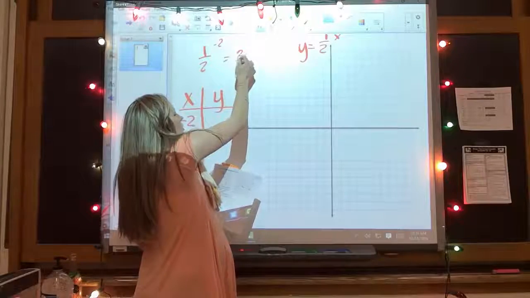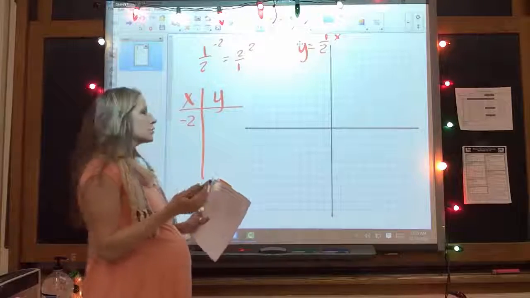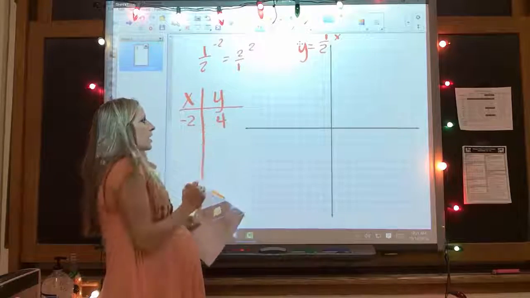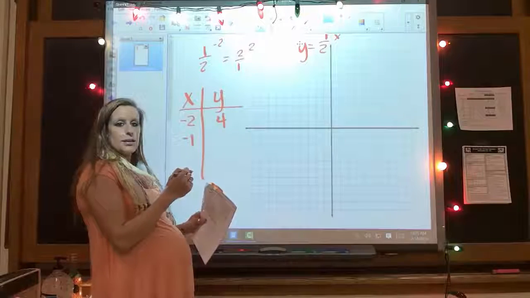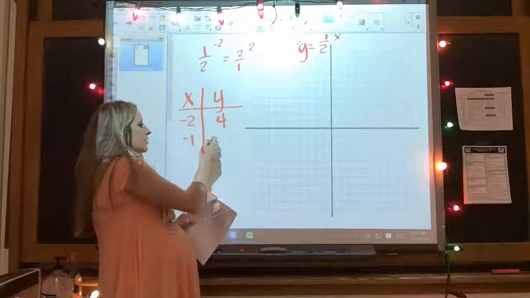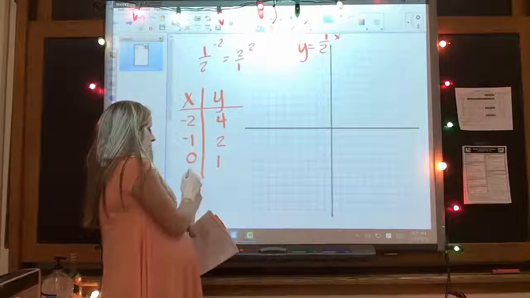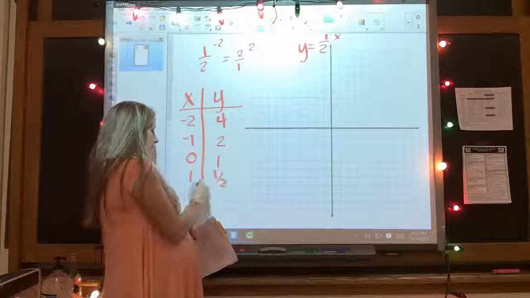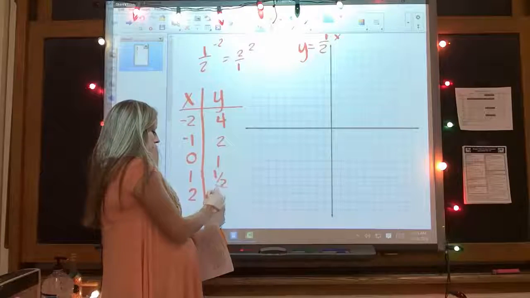So I'm going to get 2 over 1, or just 2 squared. So 2 squared is 4. When x is -1, 1/2 to the -1 power would just be 2. 0, 1; 1, 1/2; 2, 1/4.